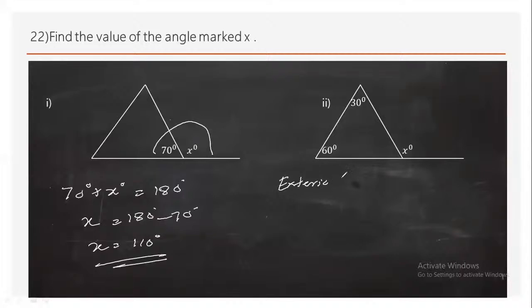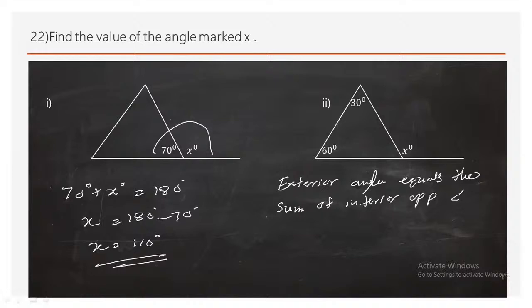Exterior angle equals the sum of interior opposite angles. So x equals 60 plus 30. X equals 90.